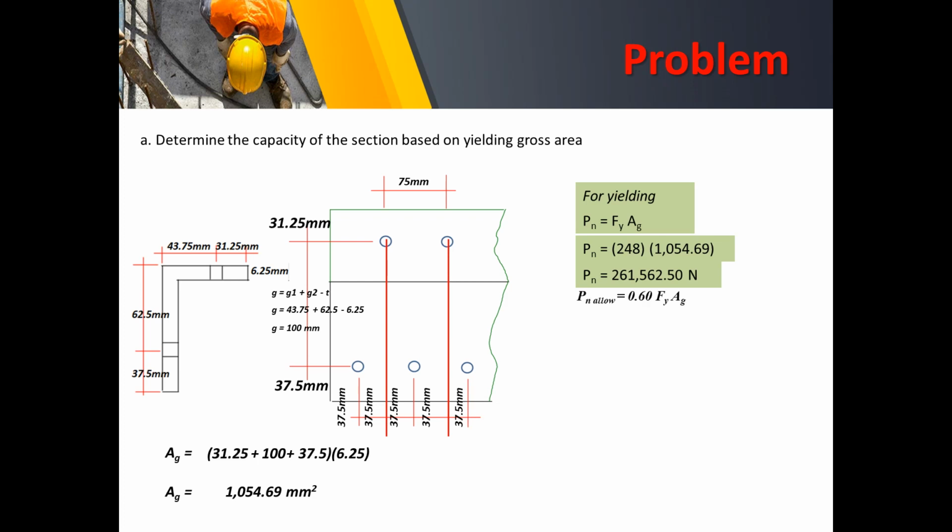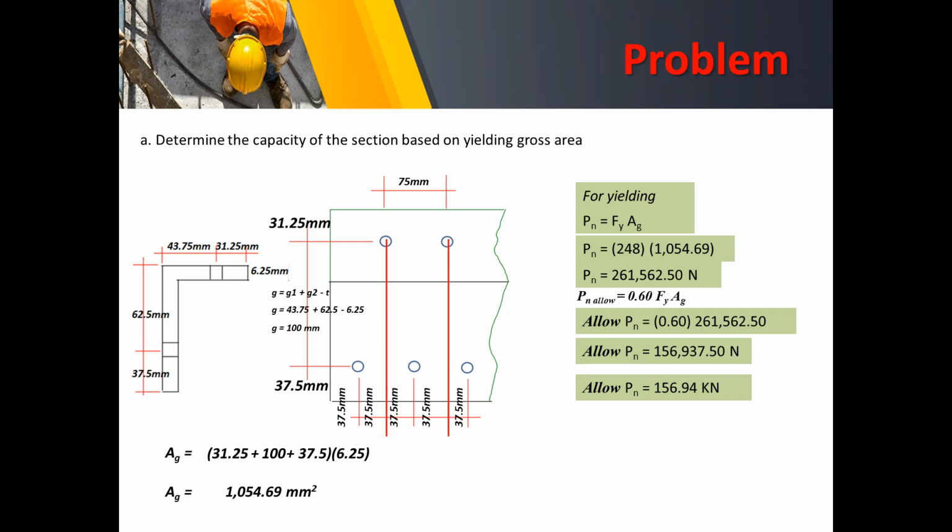Now, remember that the allowable Pn is given by the equation 0.6 FyAg. So actually, these formulas will be under allowable strength design. So the allowable Pn is 60% of FyAg, that is equal to 156,937.5 newtons, and that is also equal to 156.94 kilonewtons.